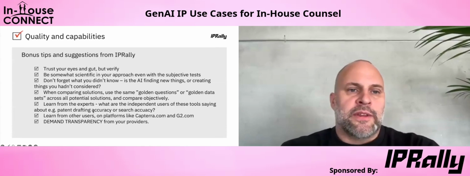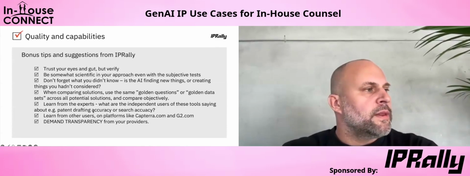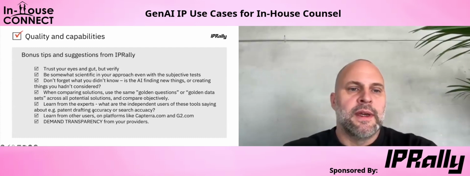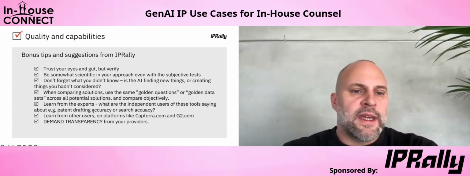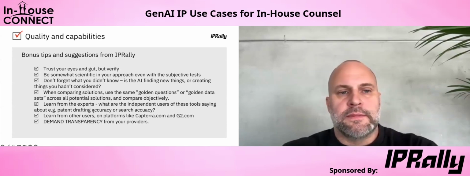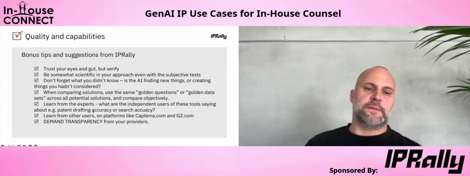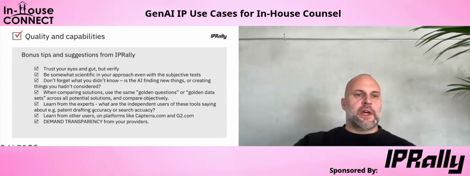I think there are also some shortcuts that you can consider. There are a lot of review sites and communities out there where you can find information, Capterra and G2 and some of the others. What are they saying, and what are some of the people that you trust saying about things? So do your own analysis, but also trust the wider group of experts in our space. That's about it for this part.